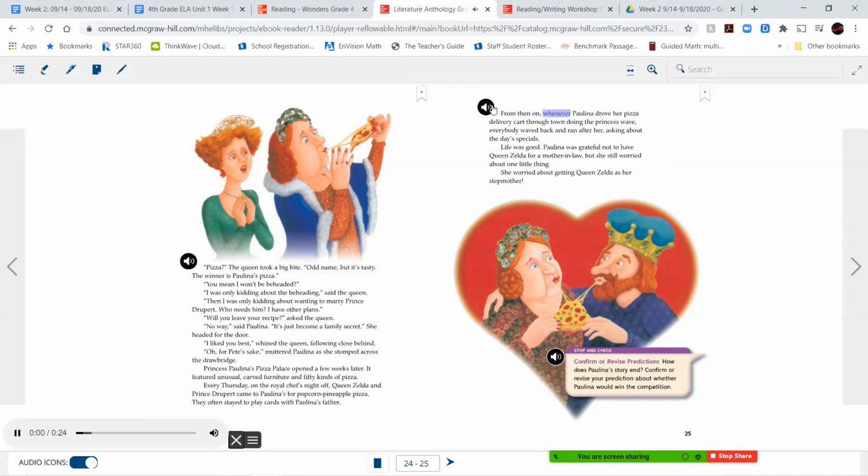From then on, whenever Paulina drove her pizza delivery cart through town doing the princess wave, everybody waved back and ran after her, asking about the day's specials. Life was good. Paulina was grateful not to have Queen Zelda for a mother-in-law, but she still worried about one little thing. She worried about getting Queen Zelda as her stepmother.